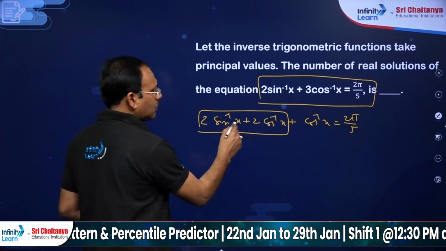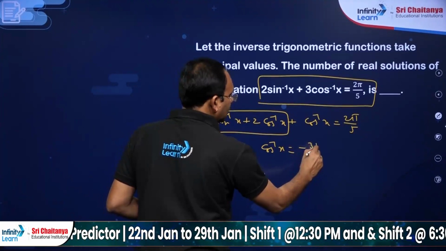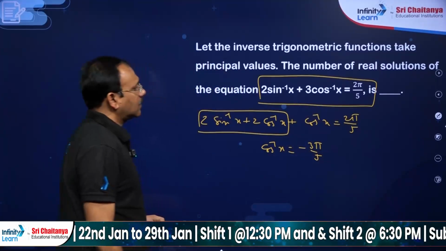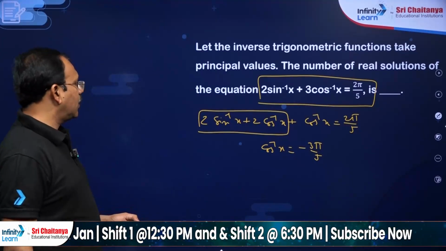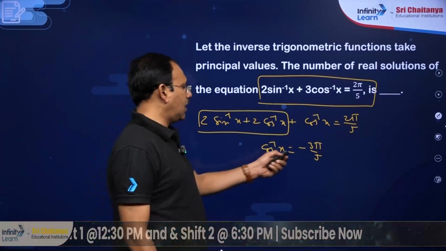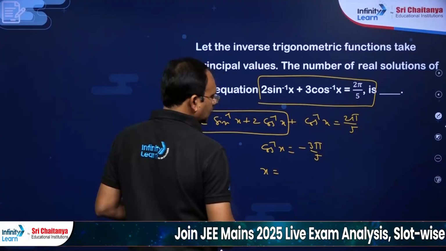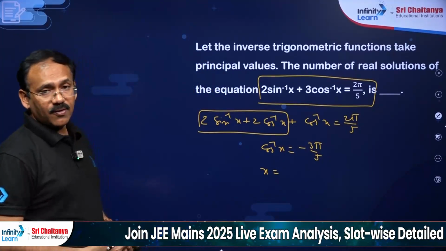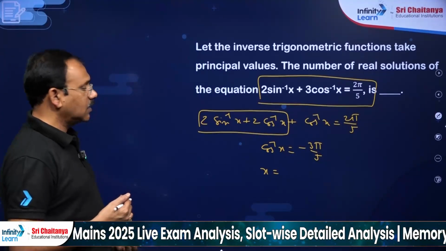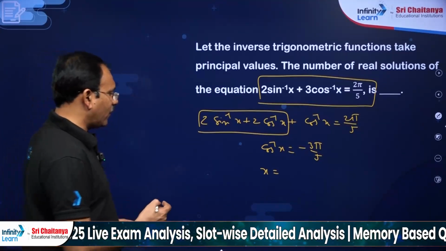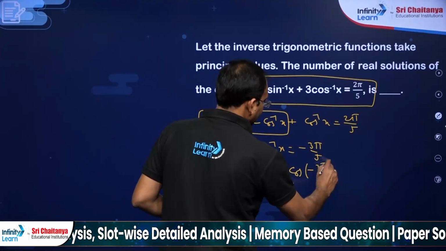So 2 into pi by 2 is pi, take pi that side, so cos inverse x will become minus 3 pi by 5. Am I correct? So I guess that shouldn't be, yeah, so 3 pi by 5, my dear friends, and hence you can find x. In the sense, apply cos on both sides, so cos of inverse cos x is one function only, x is equal to cos of minus 3 pi by 5.